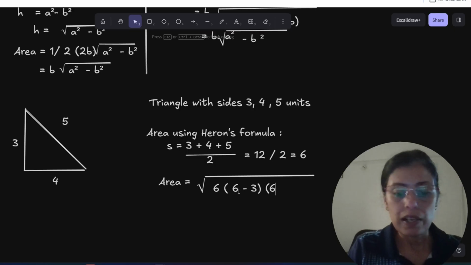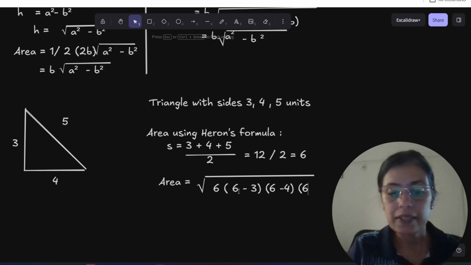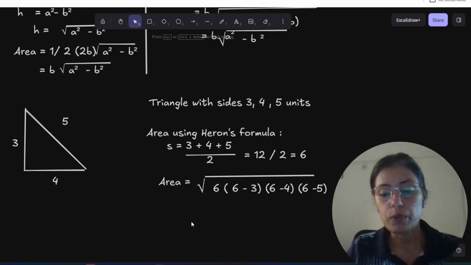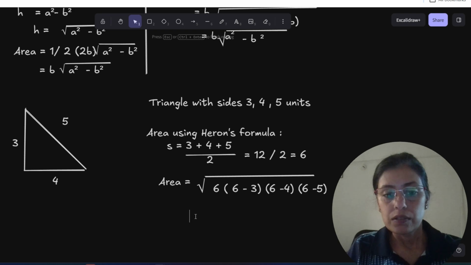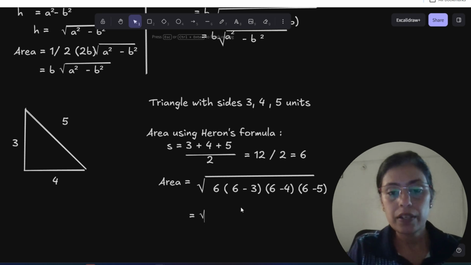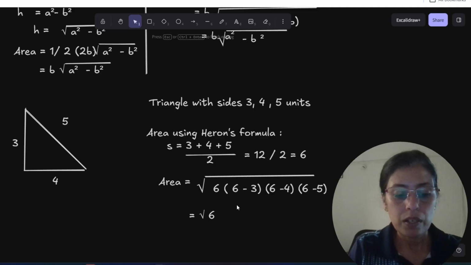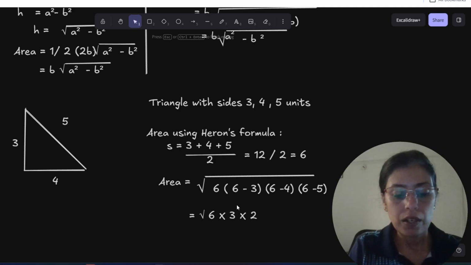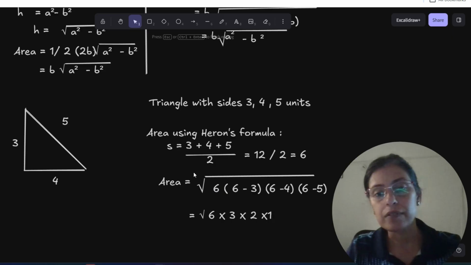Then we'll have 6 minus 4 and 6 minus 5. So what will be the answer? This is going to be 6 into, what is 6 minus 3? 3 into 6 minus 4 is 2 into 6 minus 5 is 1.